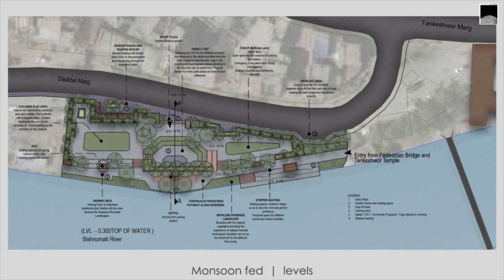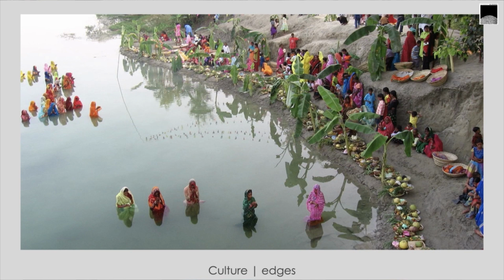Keeping this in mind, the programs on the waterfront are designed in three different levels. Different community level programs are located in the upper level and the river ghats are located in the lower levels with cultural programs. The lower ghats are shaped following the cultural patterns that take place on the edges of the river.